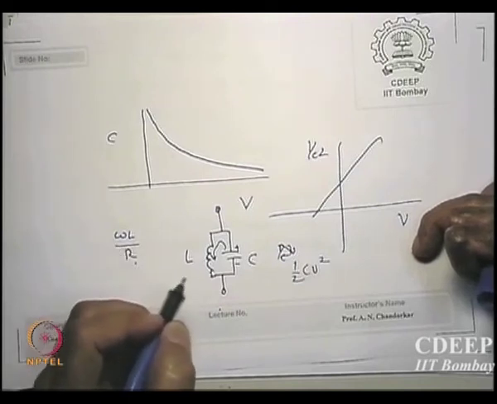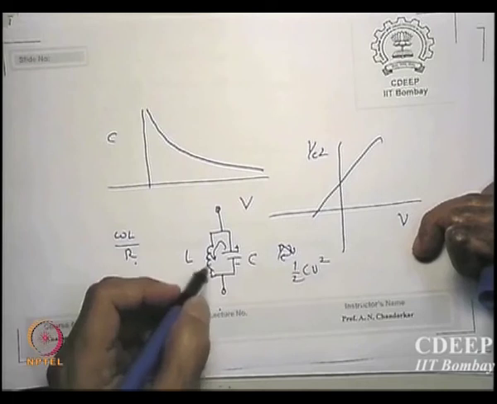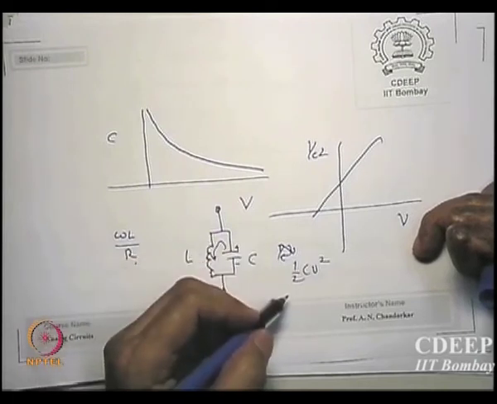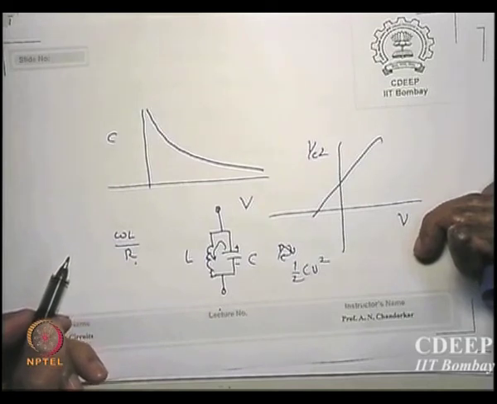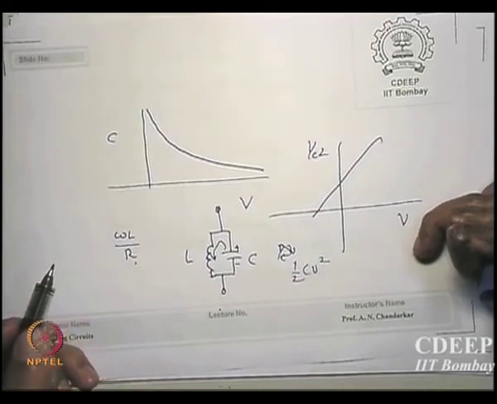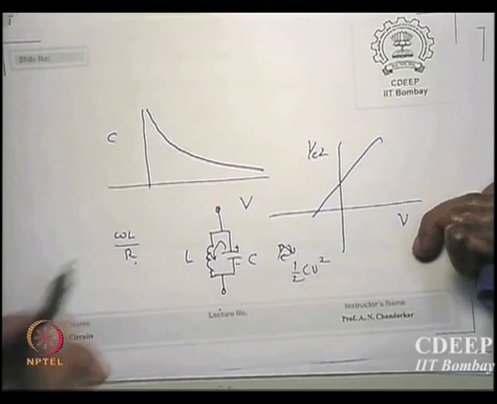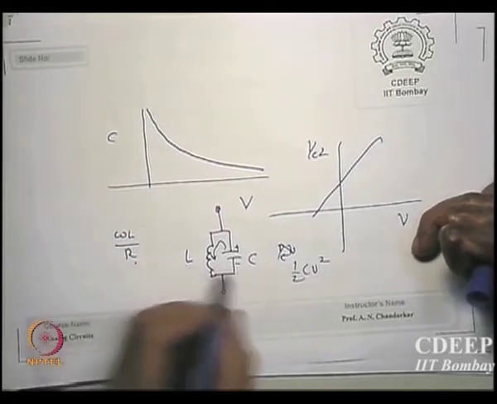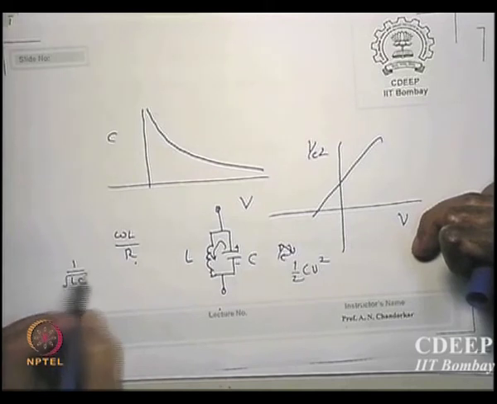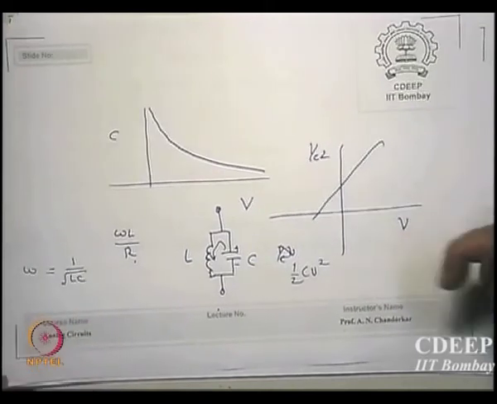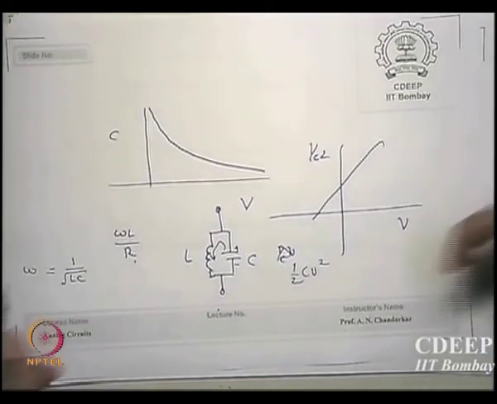And since no dissipation is going on, this energy will be transferred back into the capacitor and keep doing this infinite times. Okay, this is therefore called a resonator. It resonates at a frequency, and if I equate impedance for this, then I will get 1 upon root LC as the frequency at which this will resonate.